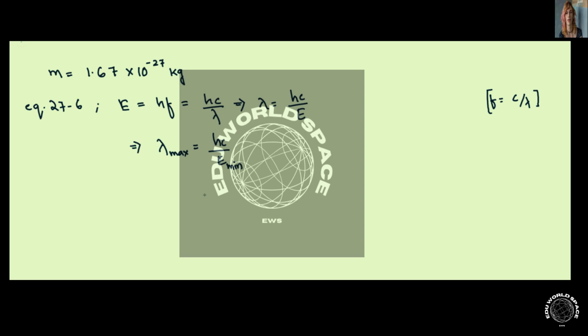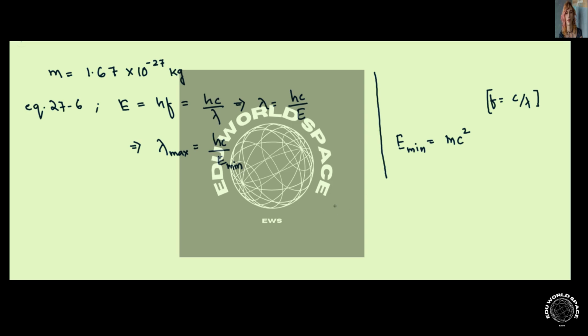And the minimum energy, I'm just going to write it over here. Now, the minimum energy a particle can have is the rest mass energy, or the energy when the particle is not moving, which is equal to just mass of the particle times c square.